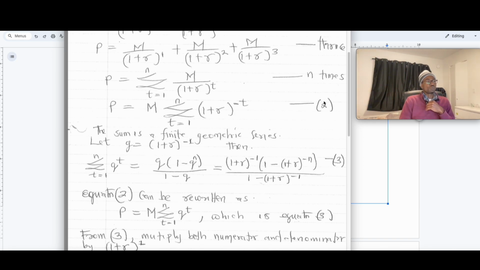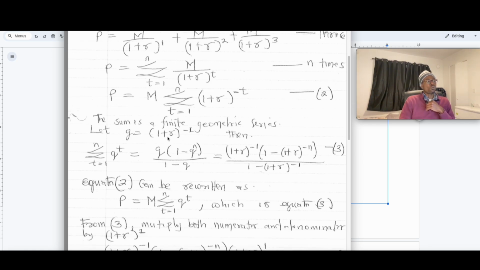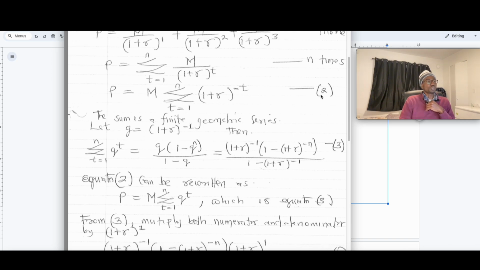So now this equation 2, we can re-express it by assigning 1 plus r raised to power minus 1 to be equal to q here. So if 1 plus r raised to power minus 1 is equal to q, then we can rewrite equation 2 in the form of equation 3 here. That is, sigma from t equals 1 to n of q raised to power t, where q is equal to 1 plus r raised to power minus 1.